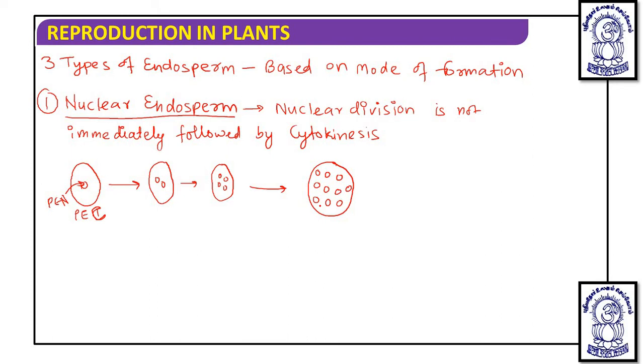Here nuclear division occurs repeatedly without wall formation, so a large number of free nuclei are observed.